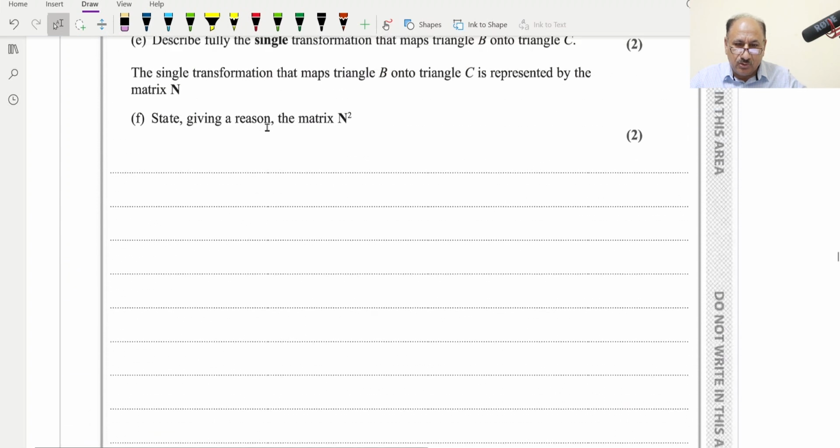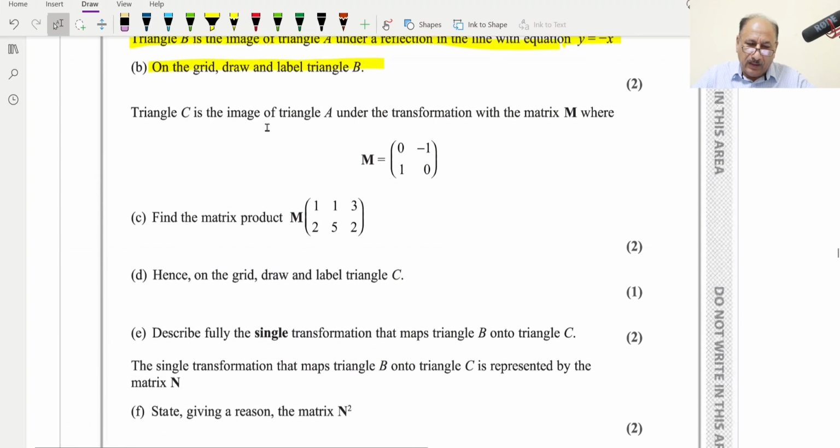Then we can switch to C part. Triangle C is the image of triangle A under the transformation in the matrix M, where M is equal to this one, and we have to find the matrix product of this.